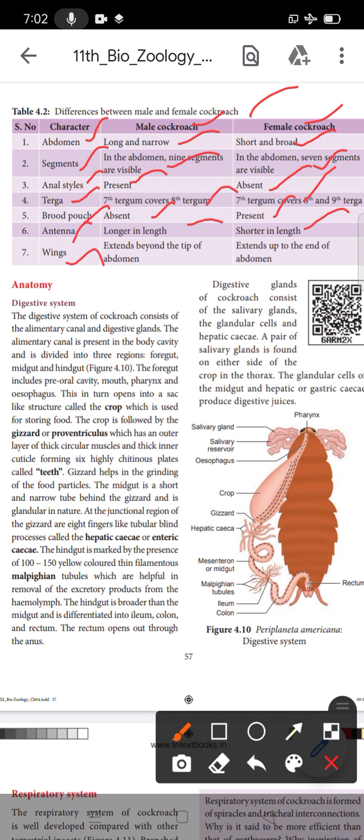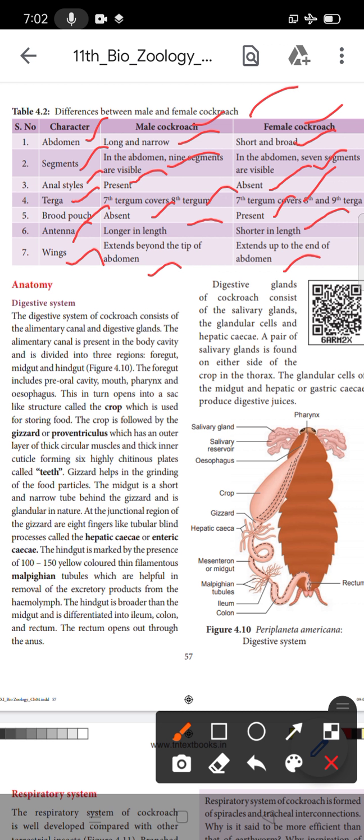Then wings. The wings extend beyond the tip of the abdomen in the male, but extend only up to the end of the abdomen in the female cockroach. So these are the differences between male and female cockroach: abdomen, segment, anal style, terga, brood pouch, antennae and wings.